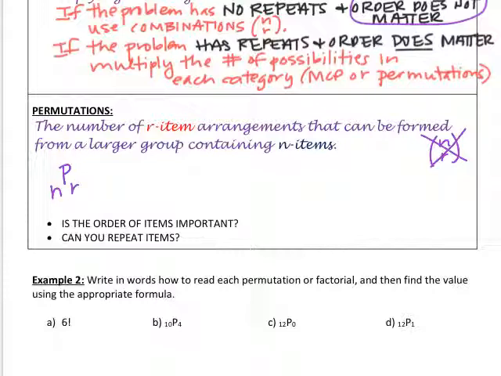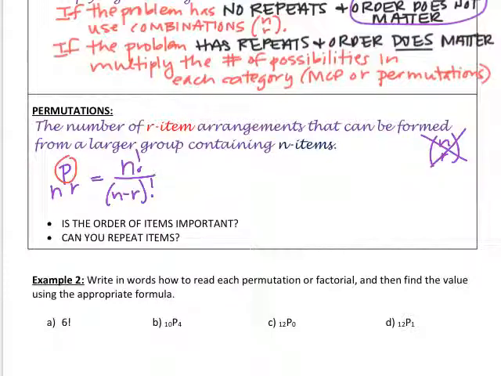It's going to still be similar to our combination notation, but this time we're going to have the letter P here instead of the letter C. And this just means that we're going to take the number of items total, factorial, over the difference between the items that we're choosing from the big group. Okay, so this is our formula for permutations.